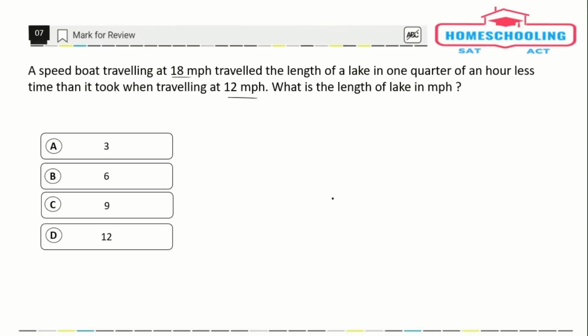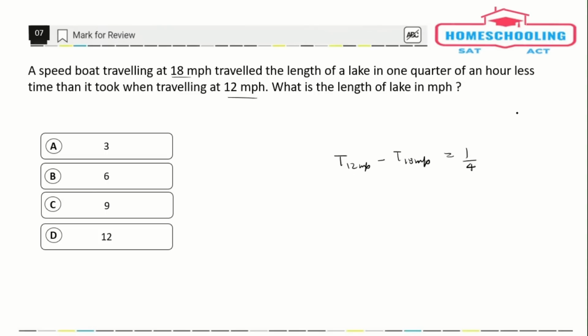So what we're going to write here is t at 12 miles per hour minus t at 18 miles per hour is equal to 1/4 of an hour.